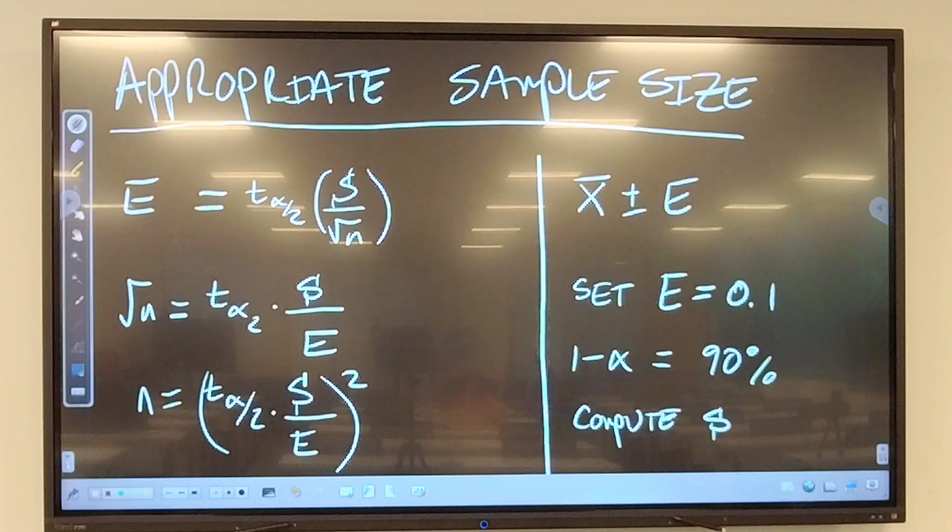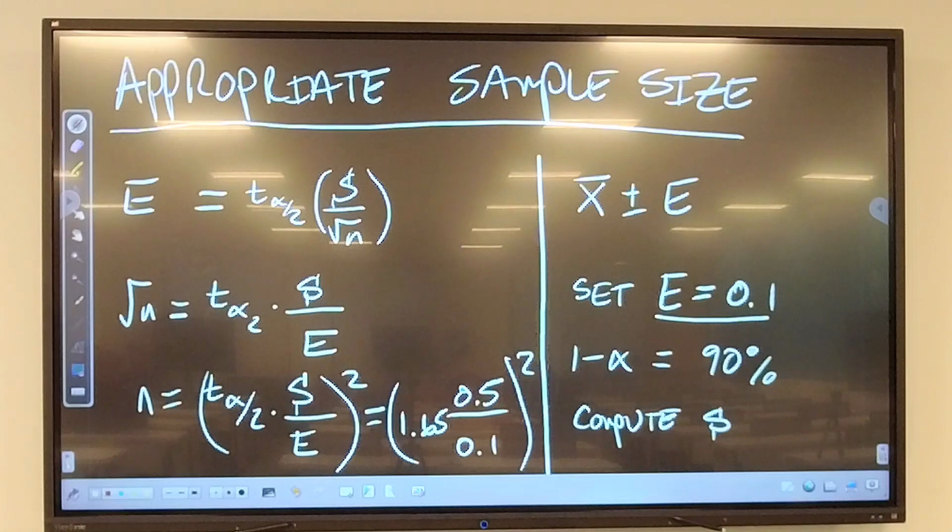Then, for example, for this setup that I have right over here, since I wanted my margin of error to be no bigger than 0.1, and maybe my standard deviation was 0.5 or something, and then that t sub alpha over 2, I don't remember, maybe 1.65, something like that. All this would get squared.